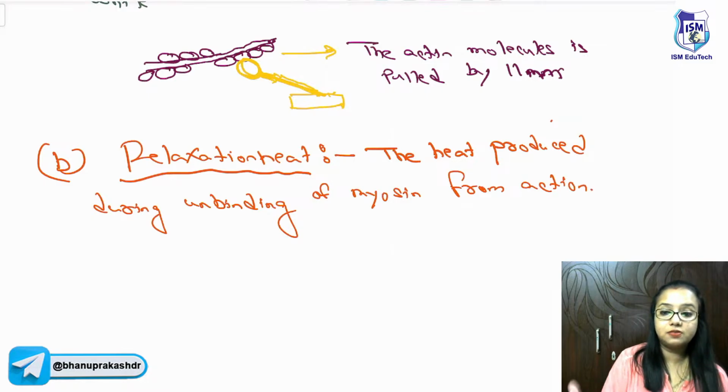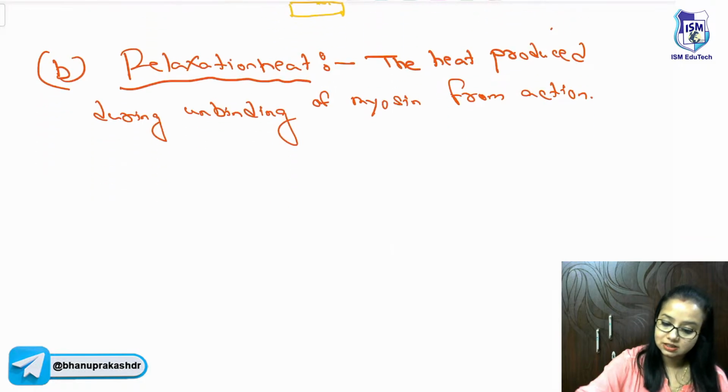Right? After the power stroke is over, one ATP molecule will bind with the myosin head and it will pull the myosin away from the actin, right? So the actin and myosin will have no contact and that will ensure the relaxation, right?